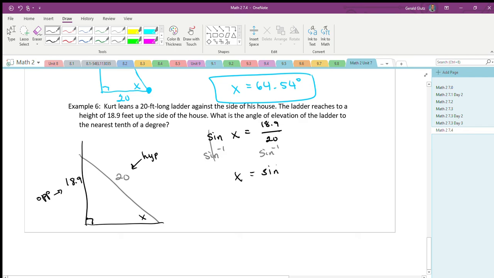On the right side, I have inverse sine of 18.9 divided by 20. So 18.9 divided by 20. So x is equal to 70.9 degrees. And that is it.